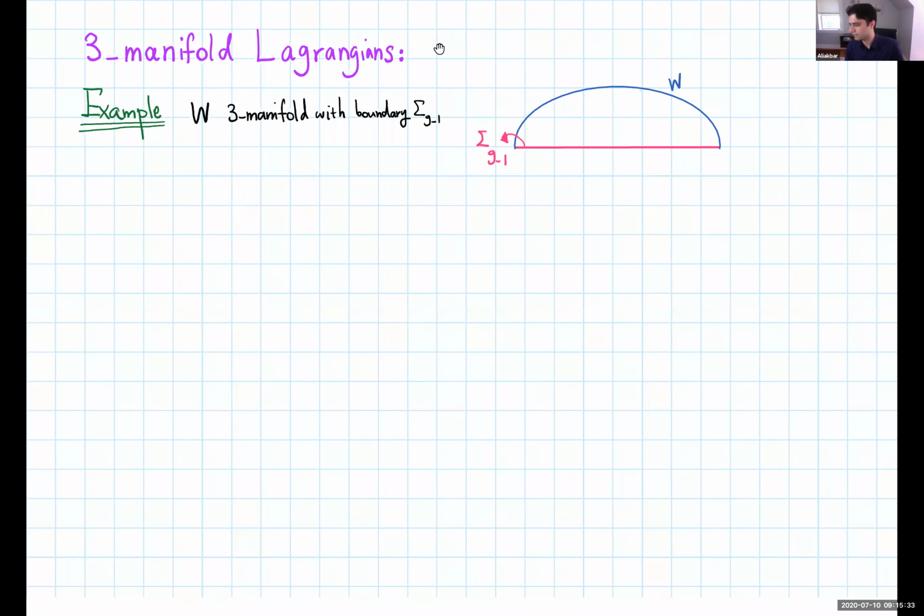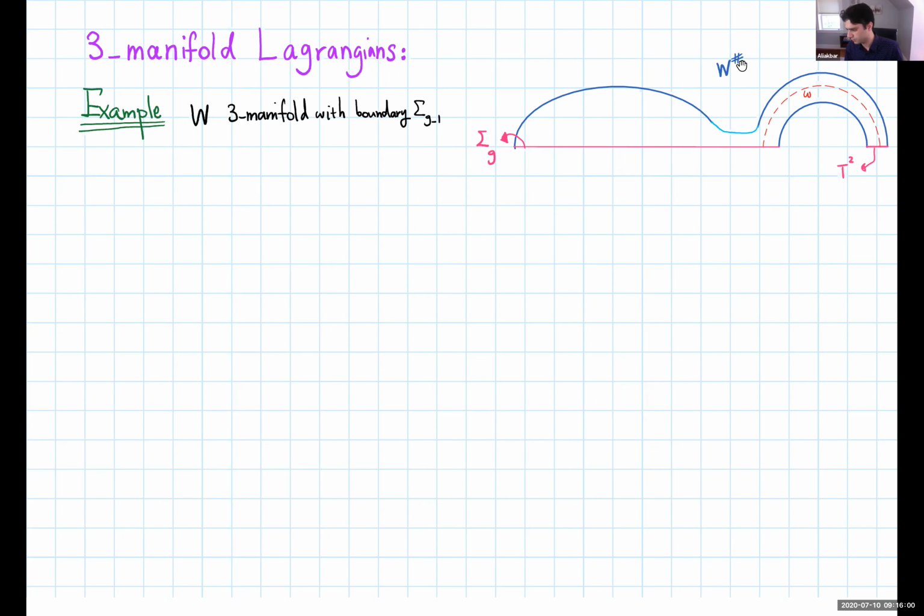Then there's an obvious construction to get a 3-manifold with boundary sigma g. What you do is take the product of the two-dimensional torus and an interval, and take the boundary sum of these two along one of the boundary components of this auxiliary 3-manifold and your original 3-manifold W. This is what you would get.